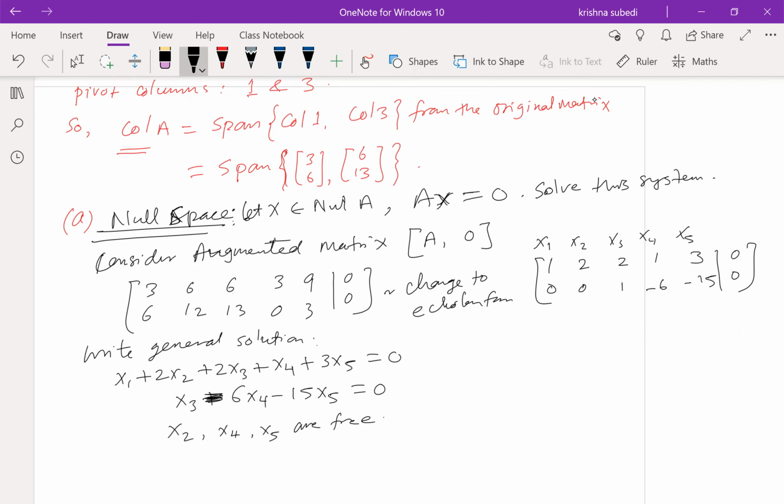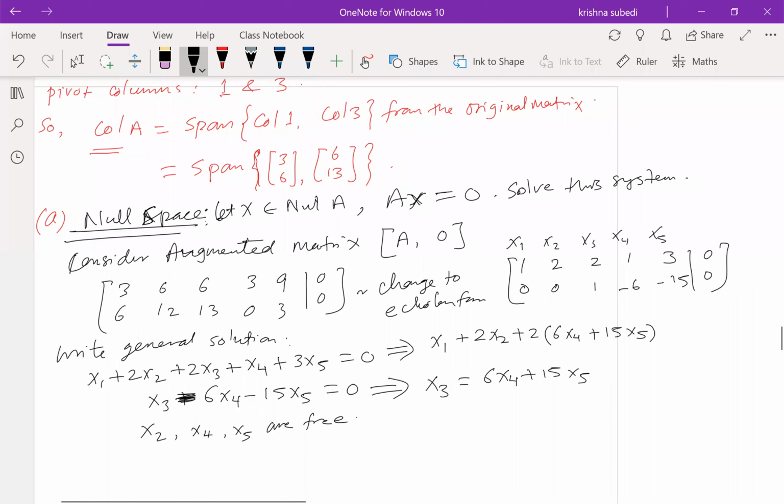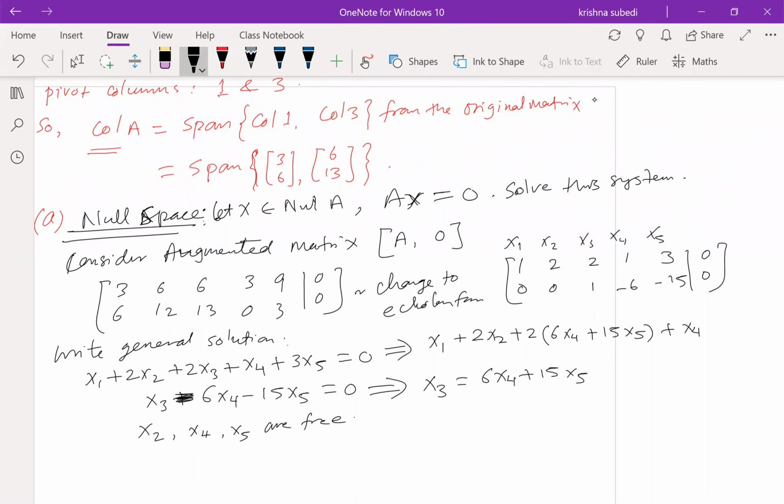Now we must express the basic variables in terms of the free variables, which means x3 will be 6x4 plus 15x5, and then x1 plus 2x2 plus 2x3, meaning 6x4 plus 15x5, plus x4 plus 3x5 equal to 0.